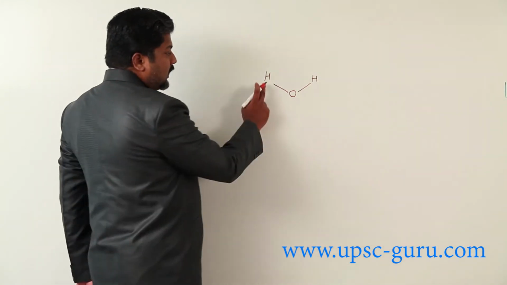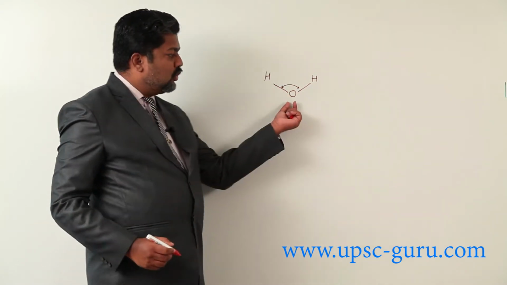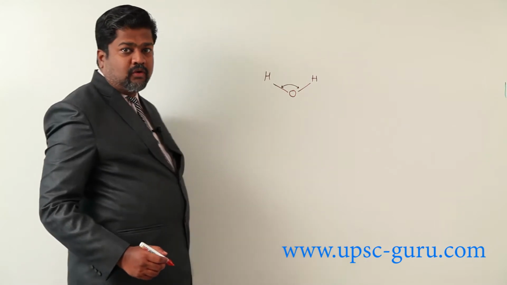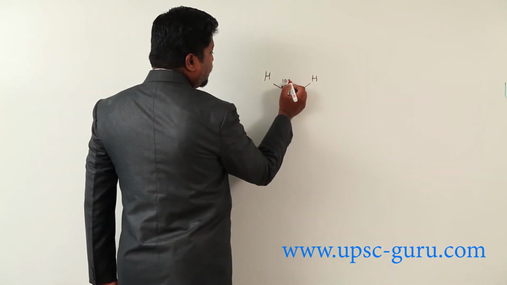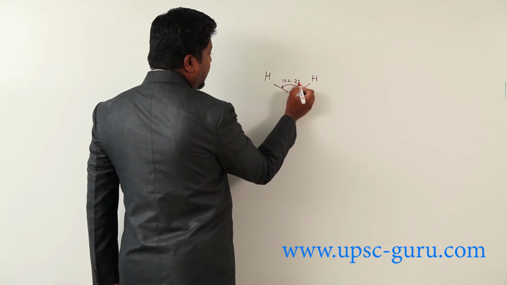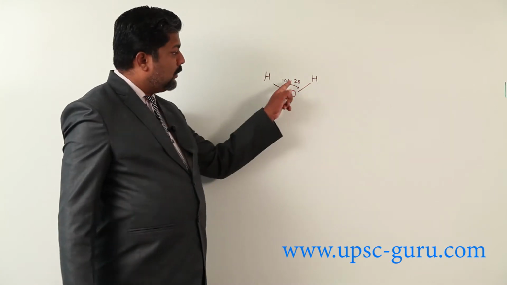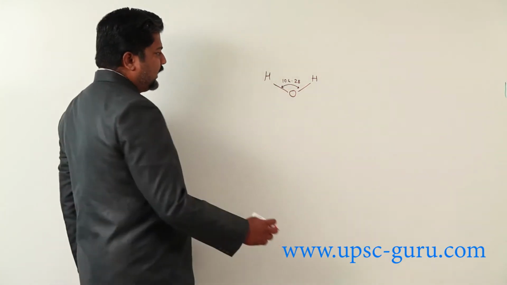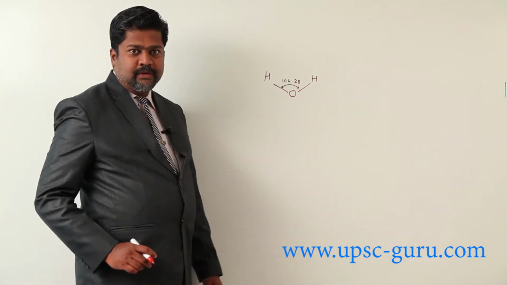There is a bond angle, because two lone pairs of electrons are also there, and therefore this bond angle is 104 degrees 28 minutes, or simply 104.5, close to that. So this is a single water molecule.